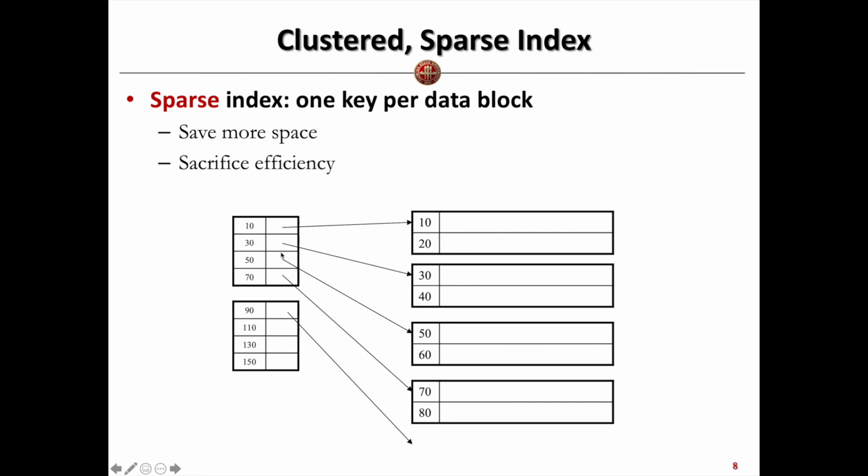Therefore, instead of searching for 20 directly, we can search for 10 first, right? 10 is smaller than 20. So from 10, we know this one is sorted. From this record we can go downward because we know it's sorted, right? Going down, the search keys increase. From 10, we go down, then we can find 20, right? Because this one is sorted, we can do the search in this way.